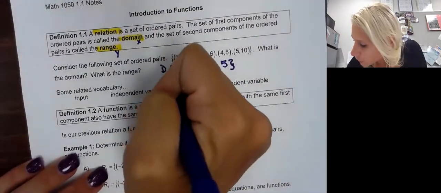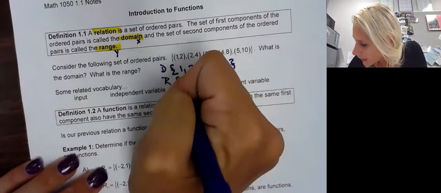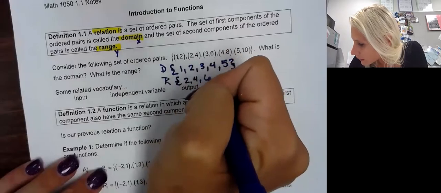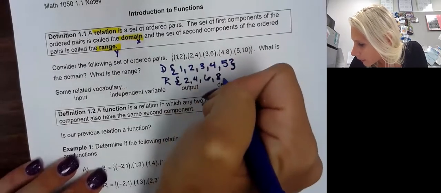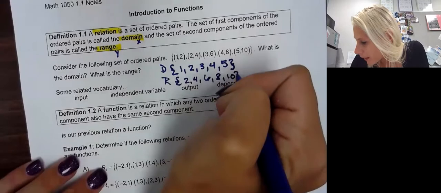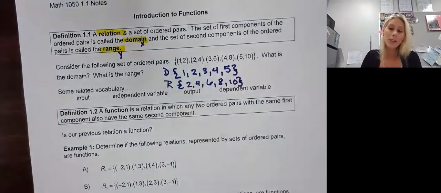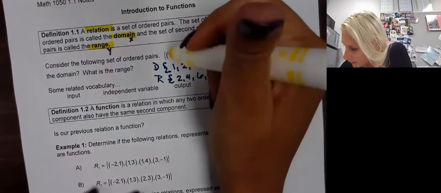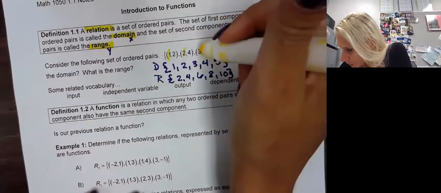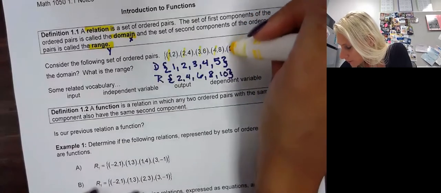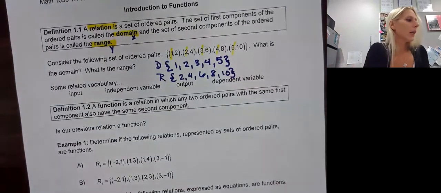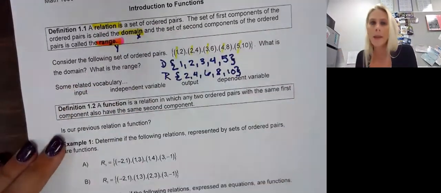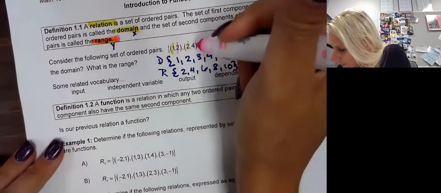Then we have a range. The range is the second, so 2, 4, 6, 8, 10. If you want, you can highlight them different colors, right? So I can say the domain is my first set of numbers, and my second set, and I can even make that a different color there, is your range.